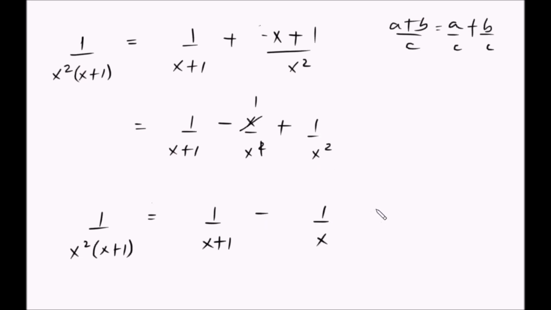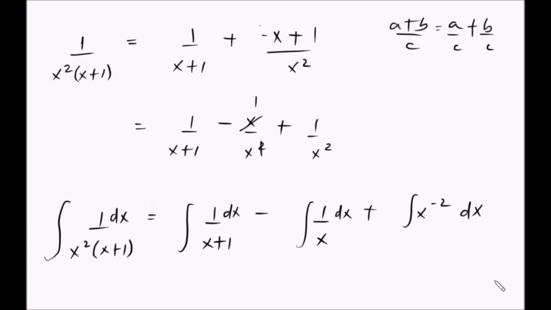This 1 over x squared I can write like this, like x power negative 2. So I want to integrate with respect to x, so I integrate here with respect to x, and here with respect to x, and here with respect to x. Like that. So how does it go?